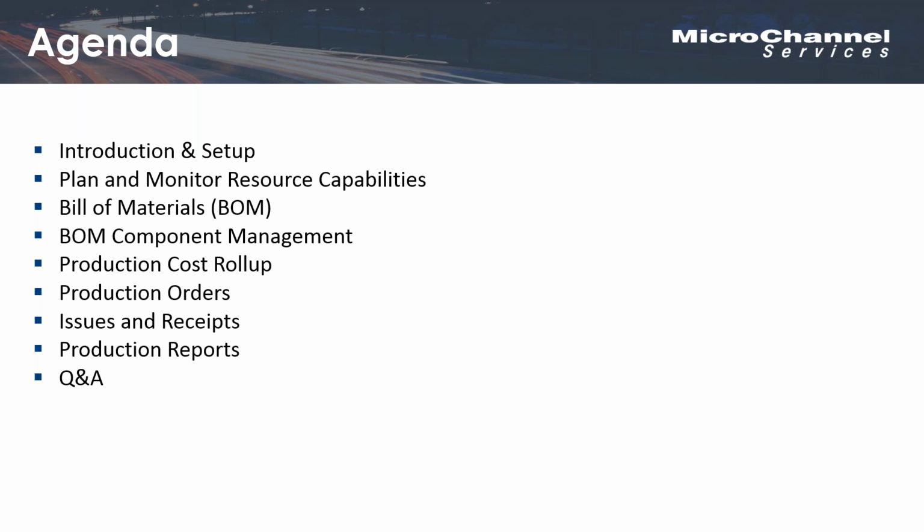So let's begin by just having a brief understanding of production and what's possible in the standard SAP. So production in SAP will allow you to create bills of materials where you can specify quantities of components that make up a product. You can also define resources, machinery or labor that go into making it.